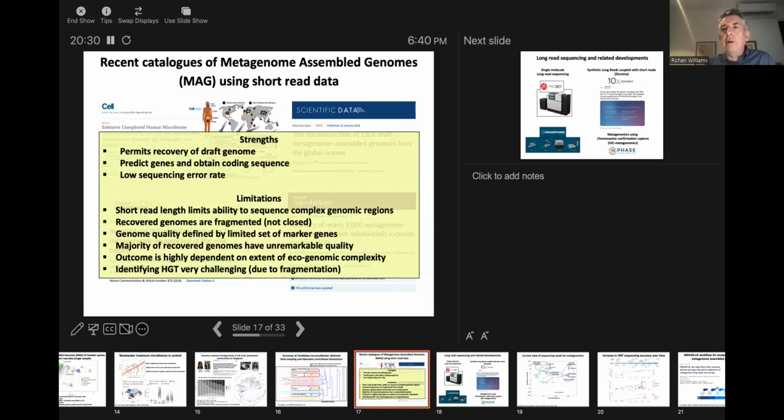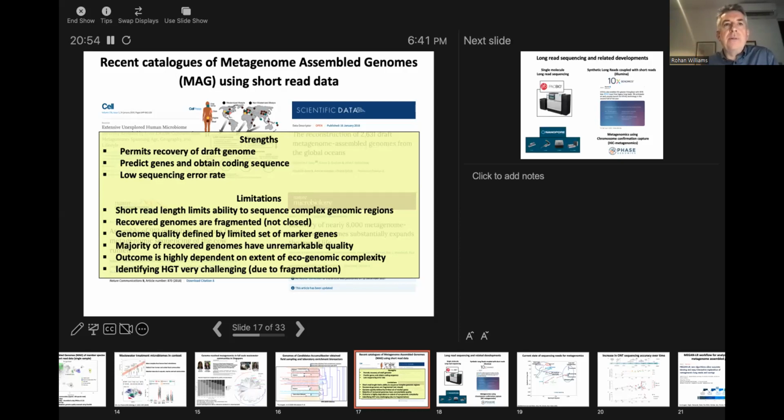And the overall approach is also very dependent on how complex the community is, both in terms of the sheer number of species, but also what their abundance distribution looks like, and also how much genetic variation there is at a subspecies level. So if there are a lot of strains of the same species, you're not going to get very good results from this kind of approach.